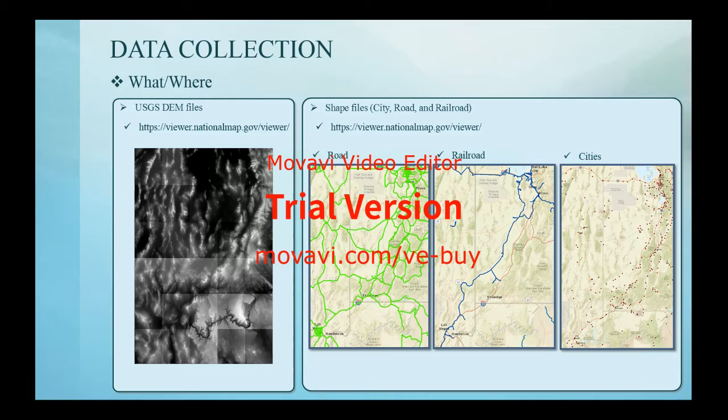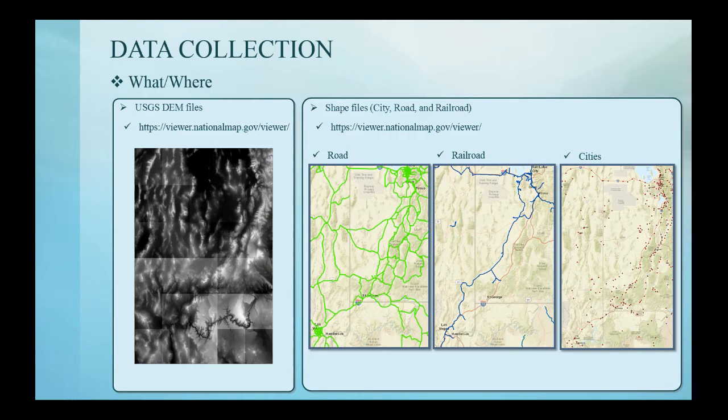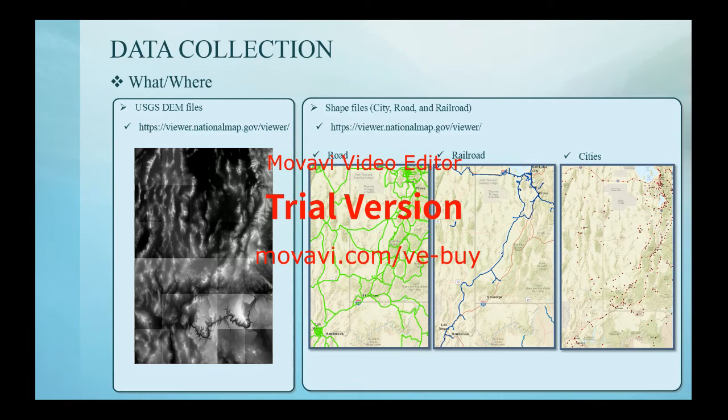The DEM file was downloaded from the National Map website. Roads, railroads, and cities were also downloaded from that website to find the best railroad way from Provo to Las Vegas.